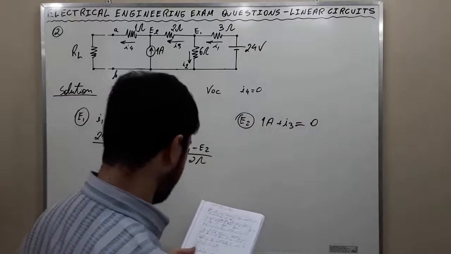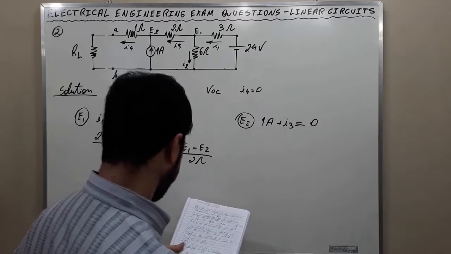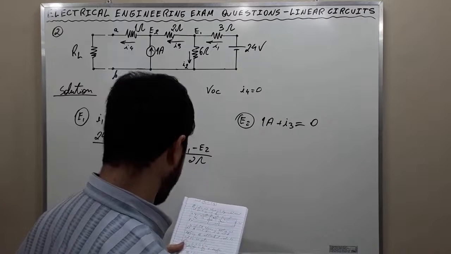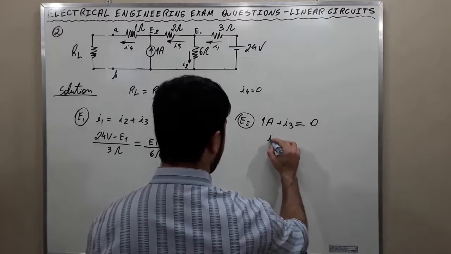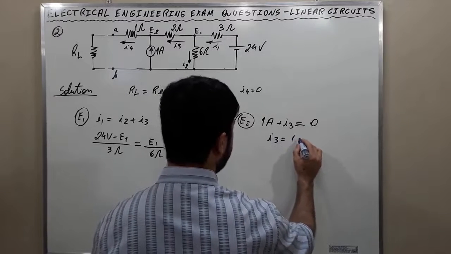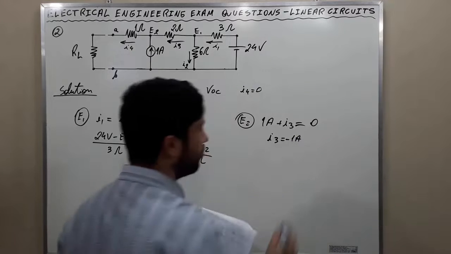And from this, we discovered that I3 is equal to negative 1 amp.